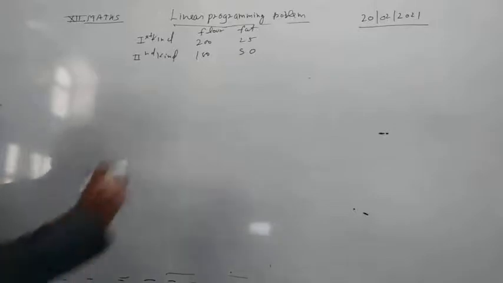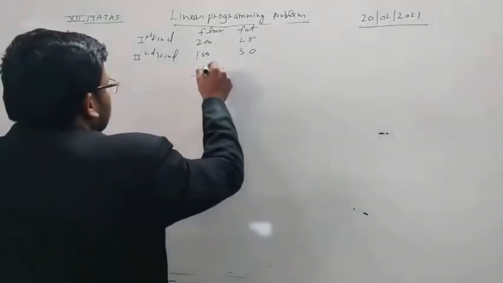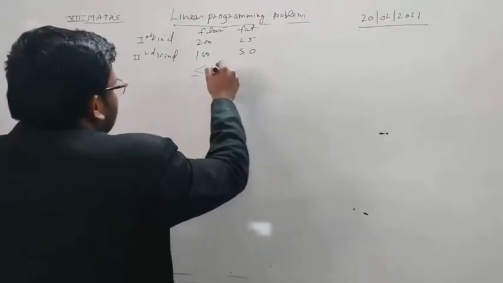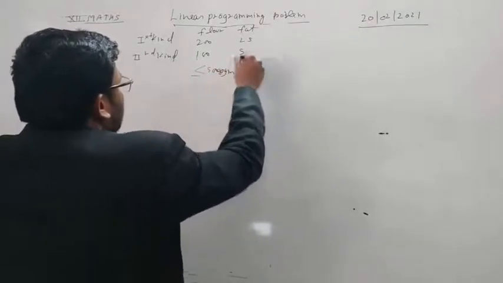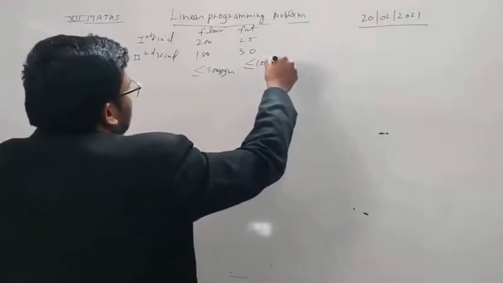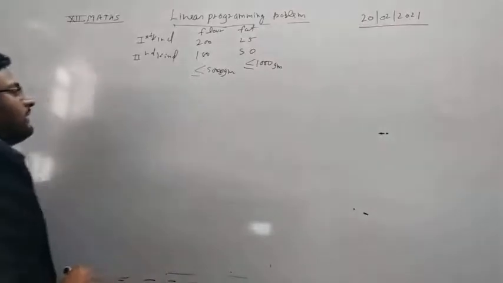So 5 kg is 5000 gram, and 1 kg is 1000 gram. We have to find the maximum number of cakes.